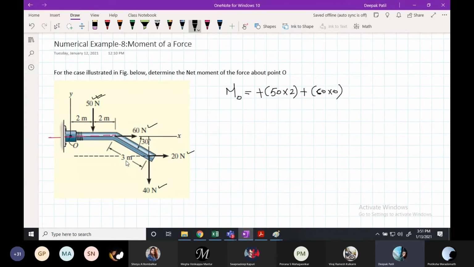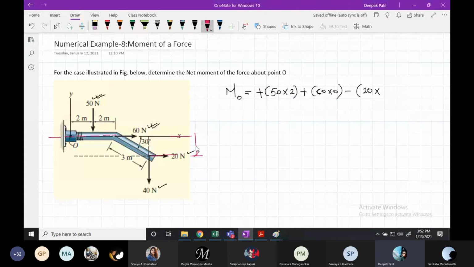Now what is the moment caused by 20 newtons at point O? First tell me whether it is causing clockwise or anti-clockwise. Anti-clockwise, yes, so minus 20 multiplied by the perpendicular distance. This will be the perpendicular distance, correct?